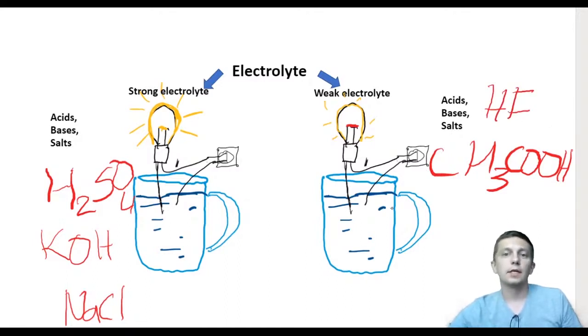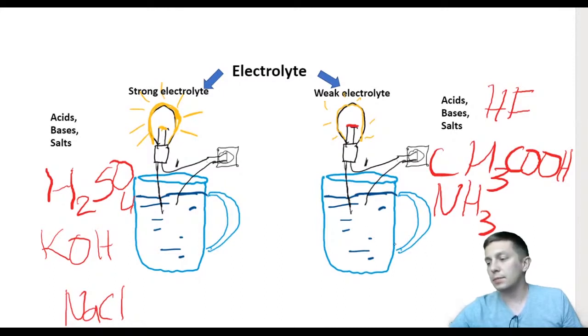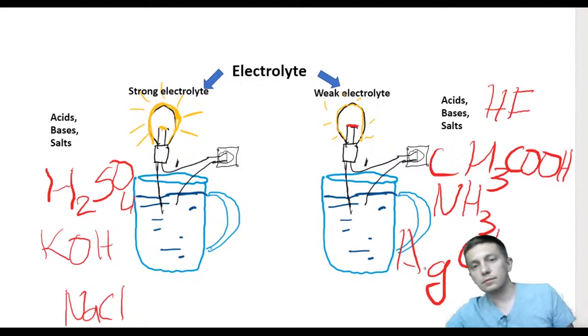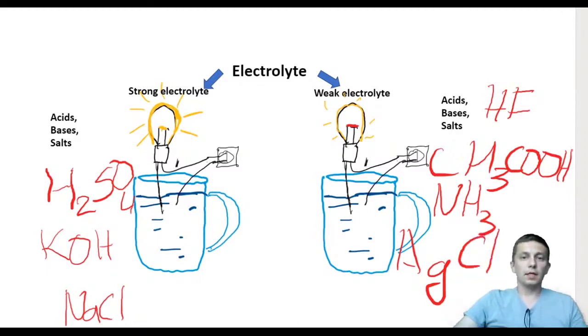Base, the most famous is ammonia. Ammonia is also a weak base. And weak electrolytes are some salts, AgCl, for example. Insoluble salt, weak electrolyte. Soluble salt, strong electrolyte.